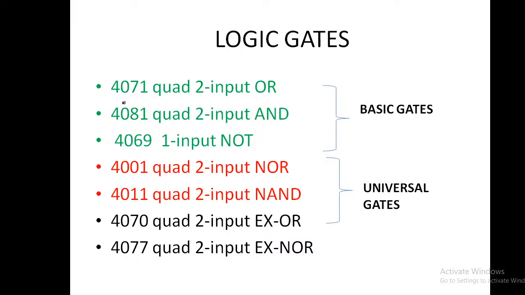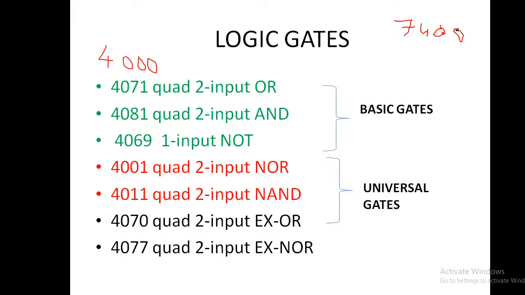There are different gates, and all of them belong to the 4000 series IC. What is the difference that you obtain? In the previous semester you did the same digital logic, but you used the 7400 series for that.